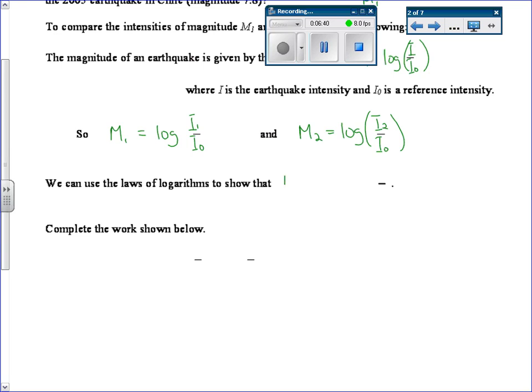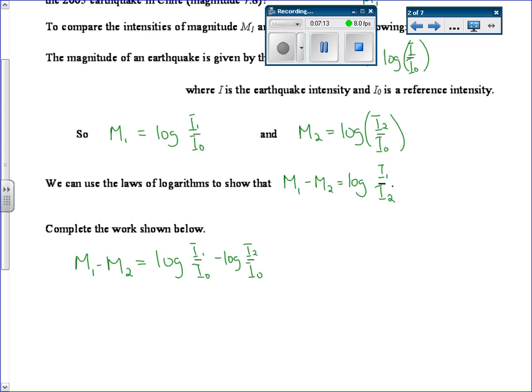So M1 minus M2 is going to be equal to log I1 over I2. And we're going to show how we got that. That's what we're trying to get to. So we have M1 minus M2 is equal to log of I1 over I0 minus log of I2 over I0.